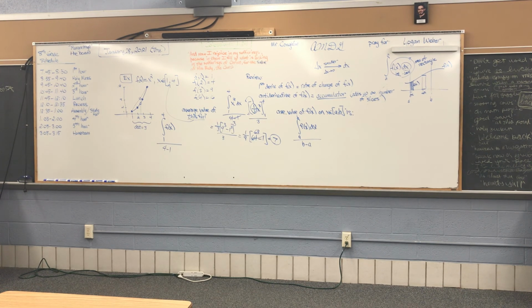Let me see which of these I want to give you. Number 1, I definitely want. Number 5, I will give you a hint in how to do number 5. Number 9, you should be able to do.